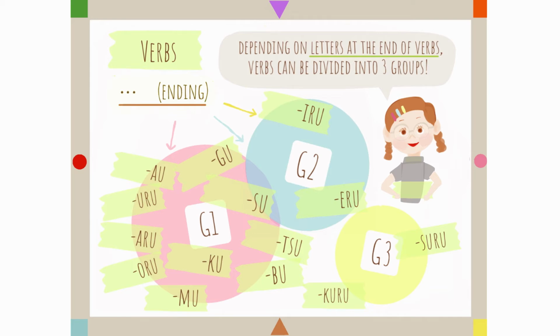Group 2, verbs ending with IRU and ERU. Group 3, verbs such as する which means do and 来る which means come. You can remember the ending patterns in group 2 and 3 because they're smaller groups than group 1 verbs.